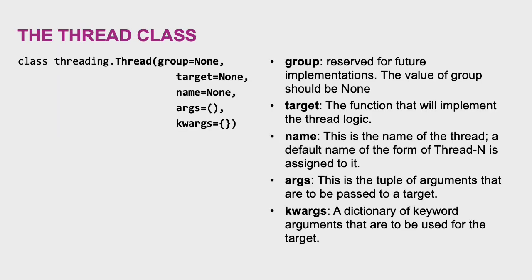Let's start by discussing the thread class. The thread class is part of the threading module. The thread class represents an activity that is run in a separate thread of control. Once a thread object is created, its activity must be started by calling the thread start method.